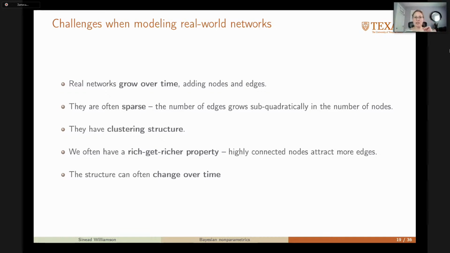They tend to be sparse. So technically, sparse in a network means as the network grows, the number of actual edges grows slowly relative to the number of potential edges. So the number of potential edges is basically the number of nodes squared, right? If everyone knew everyone, then the number of edges would be quadratic in the number of nodes.